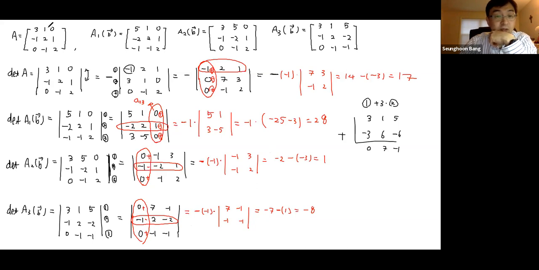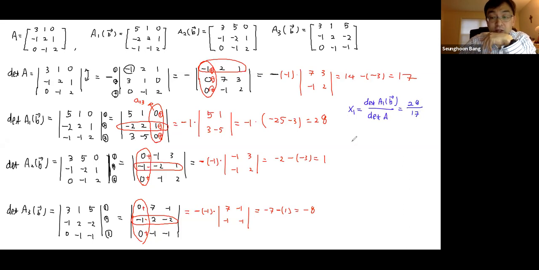So, almost done. So we have x1, x2, x3 here. What is x1? x1 is the determinant of A1B over the determinant of A. The determinant of A1B is here, 28. 28 over 17.